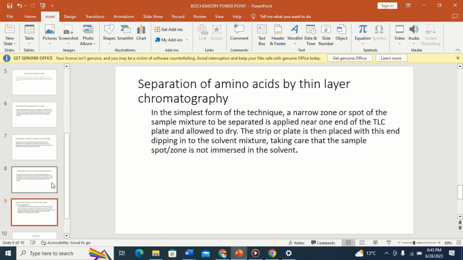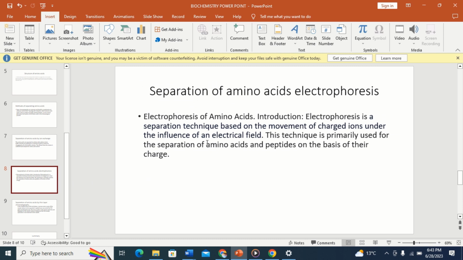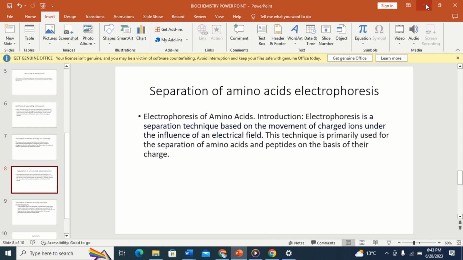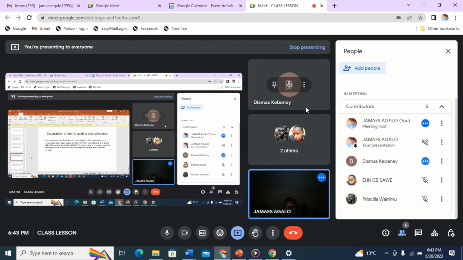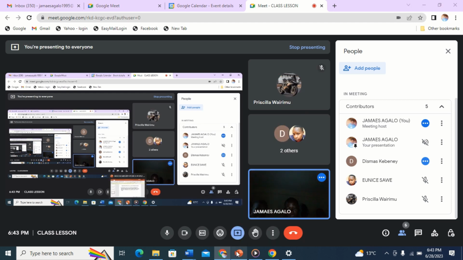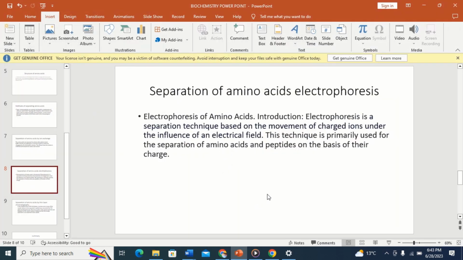We will also look at the next slide. I want someone to read what you can see in the slide that I've shown on the screen. Electrophoresis of amino acids.